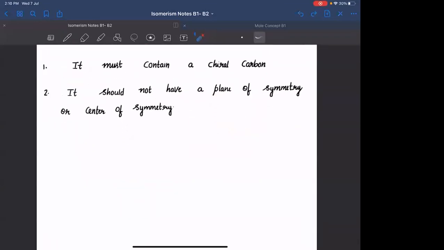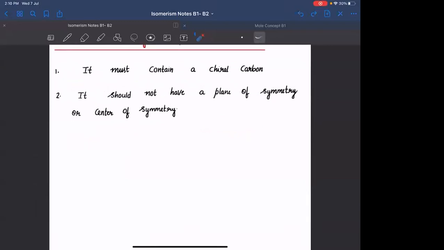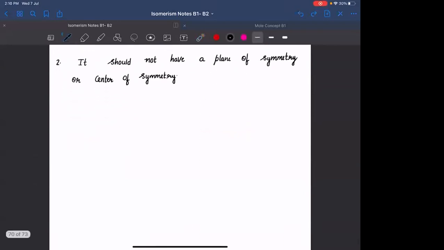We need to understand what is meant by center of symmetry. I hope everyone knows what is meant by plane of symmetry. पता है क्या आपको? Okay, देखते हैं. एक example ले लेते हैं.